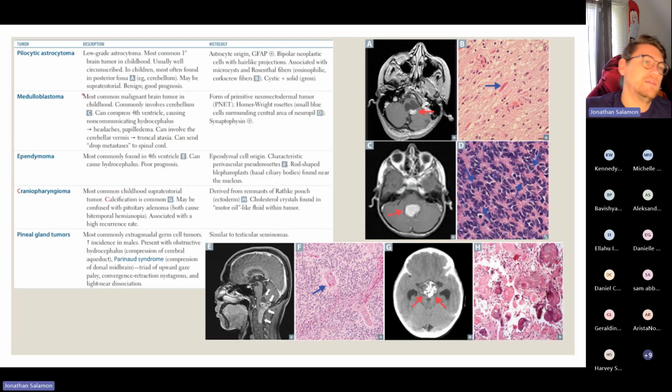On to the kids. Pilocytic astrocytoma. This is the most common one, therefore you need to know it. GFAP positive, please know that. If you have more room in your brain, remember the Rosenthal fibers. If you have a tumor in a kid and it is not obvious what type of tumor it is, assume it is a pilocytic astrocytoma.